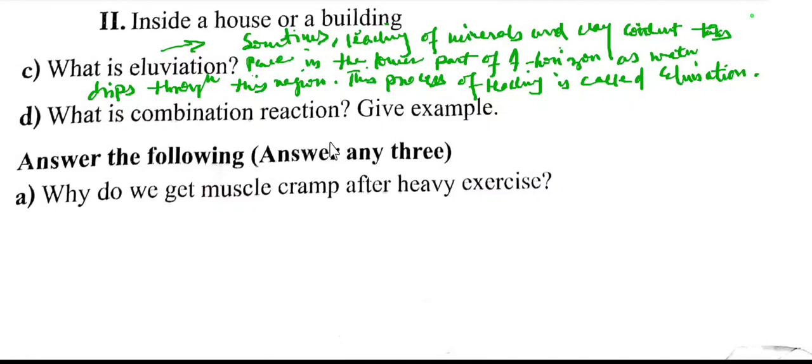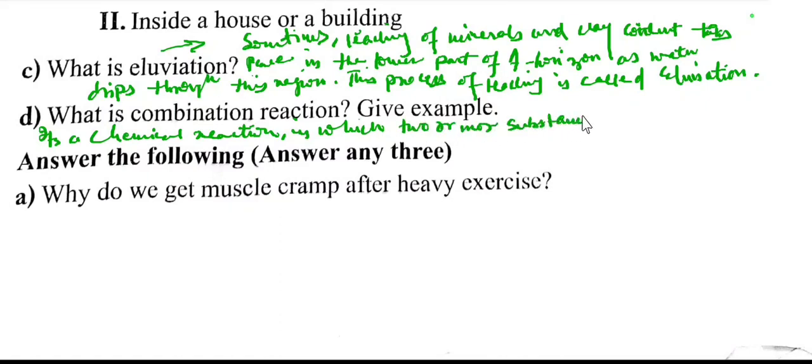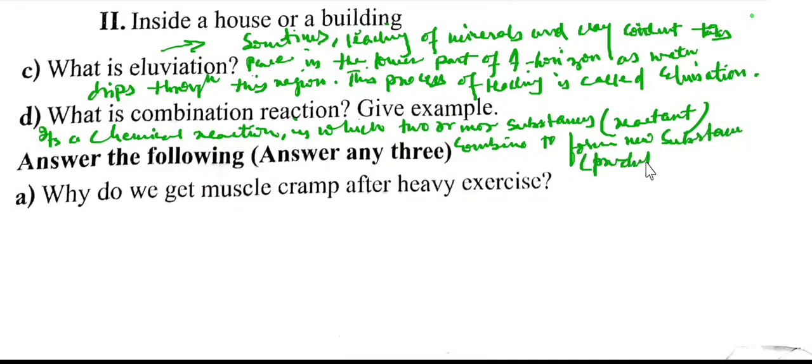What is combination reaction? That's simple. It's a chemical reaction in which two or more substances, that is reactants, combine to form a new substance, that is the product.